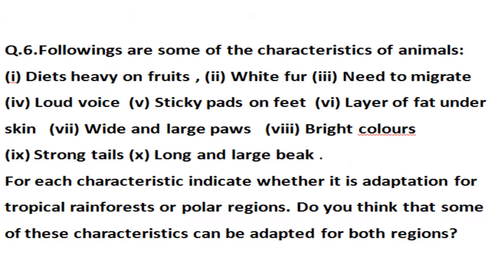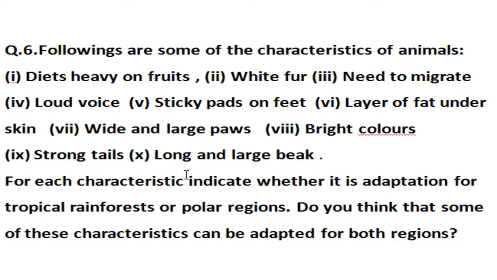Our next question is question number 6. Following are some of the characteristics of animals: diets heavy on fruits, white fur, need to migrate, loud voice, sticky pads on feet, layer of fat under skin, wide and large paws, bright colors, strong tails, long and large beak.